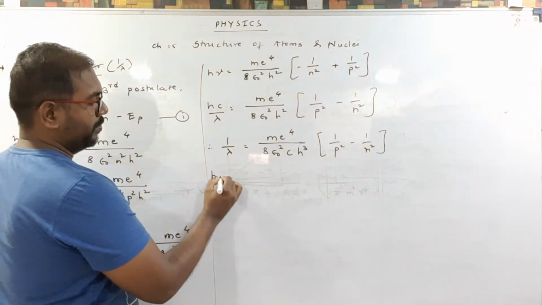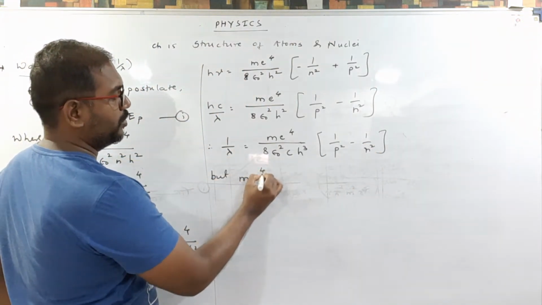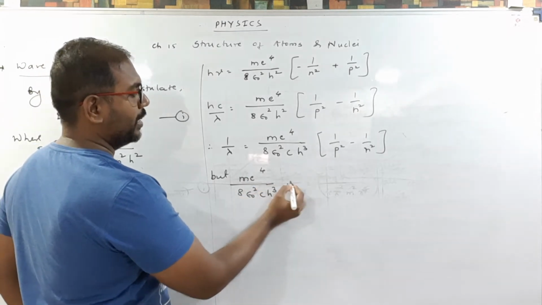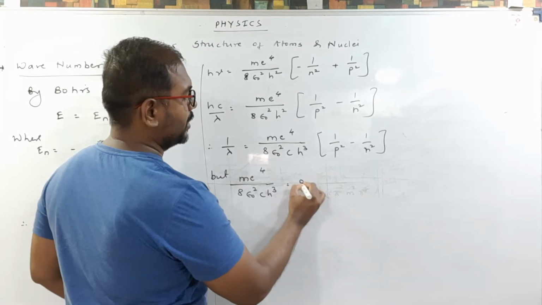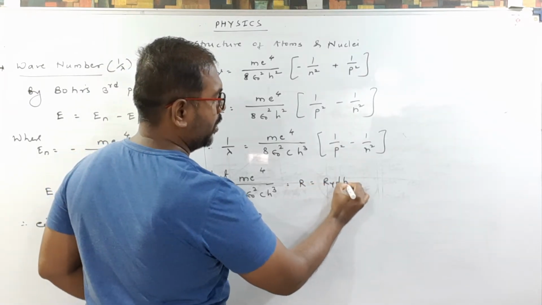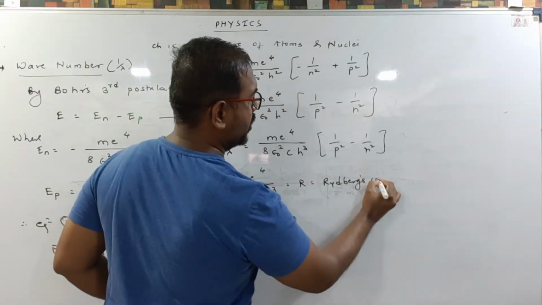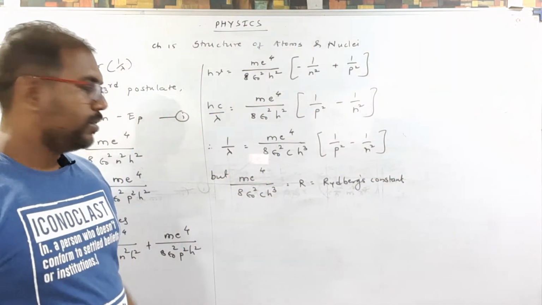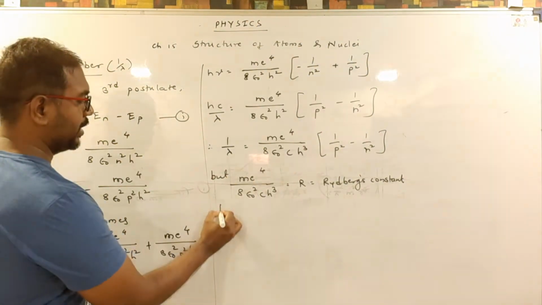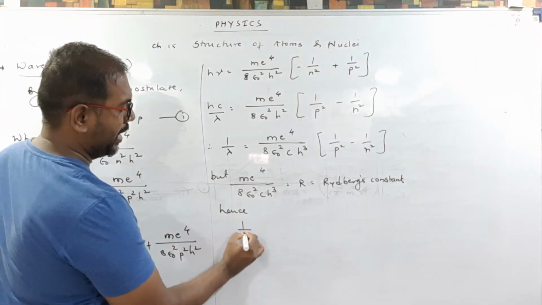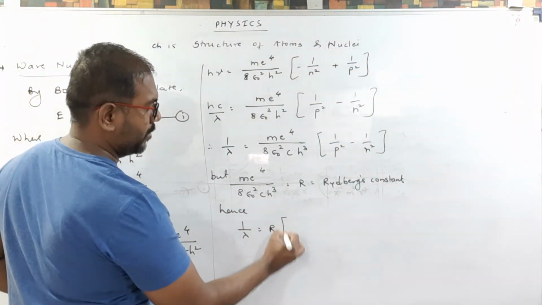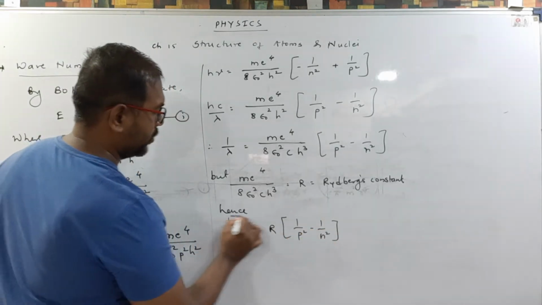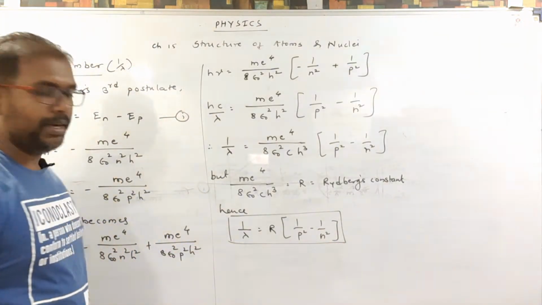But here me raised to 4 divided by 8 epsilon 0 square c h cube, everything is constant and it is called R, Rydberg's constant. Its value is fixed. Hence I can write 1 by lambda is equal to R times 1 by p square minus 1 by n square. So this is the expression for wave number.